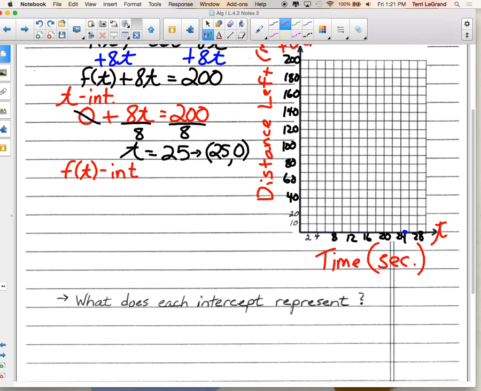So we have to be able to transfer our thinking that the independent variable isn't always x. The dependent variable can be talked about as function notation. So we're going to put in for f of t, that's the one we're looking for this time. We're going to put 0 in for our t value.